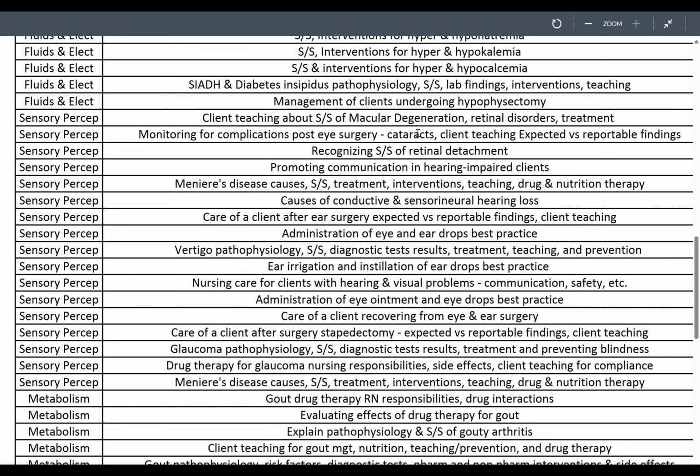Now, glaucoma has a lot of eye drops. So therefore, expect questions on glaucoma, which you'll see probably 12 or 13 questions on eye disorders. Half of them will be on medications, because that's all you teach the patient.